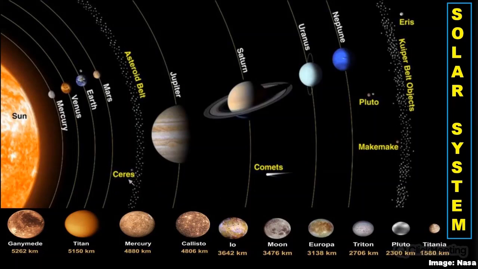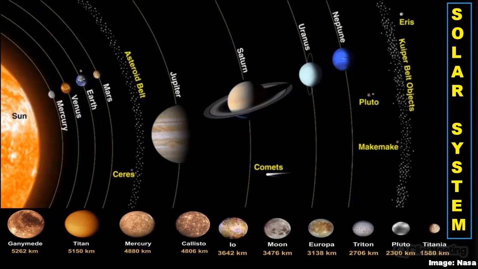These dwarf planets actually fulfill most of the conditions of being a planet. Only what they lack is that they have not cleared their surroundings, and that's why these are not included as planets. We also have comets, but for today's topic, our main concentration is on inner planets.